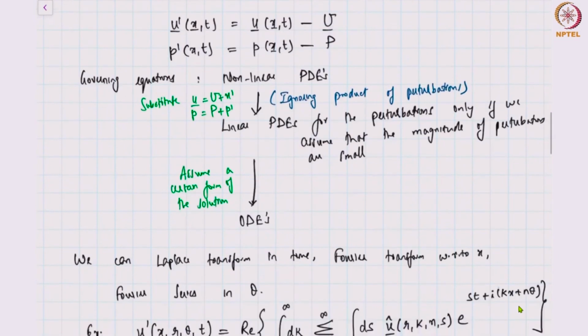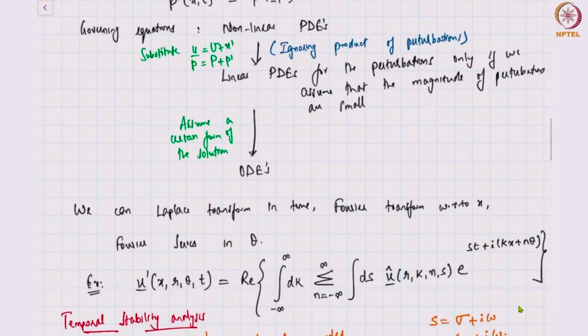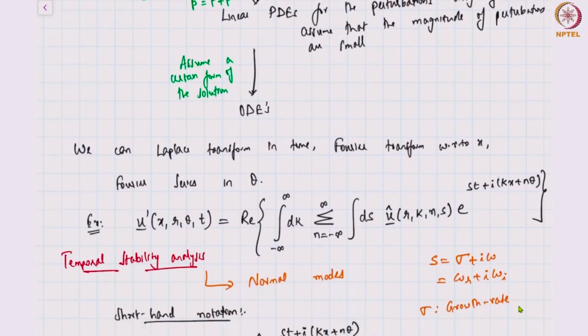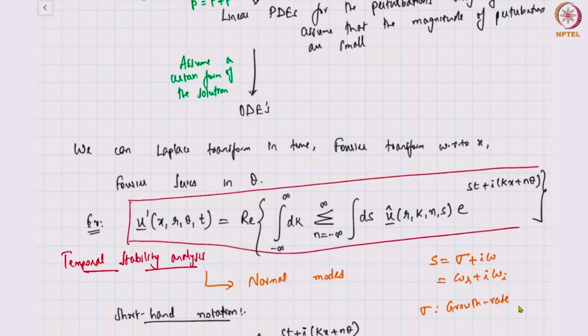Then we assume a certain form of the solutions, the so-called normal mode form of the solutions. These are called normal modes. So what we are doing, going from linear PDEs to ODEs, is using what is called the method of normal modes.